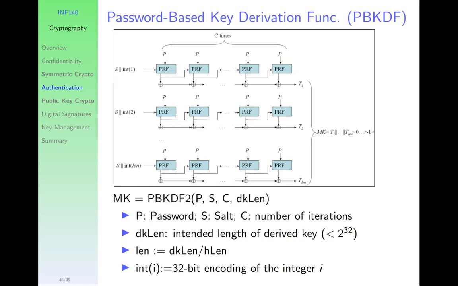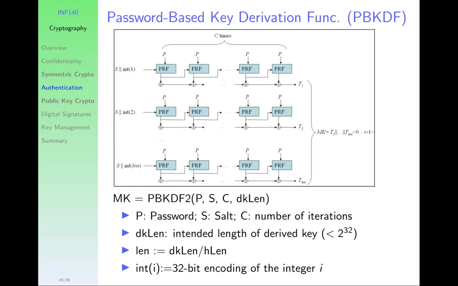Normally if you iterate more times, you may get higher security, but there is a limit: after a certain number of iterations, even if you increase them, it will not increase the security of the function. And the last one is the encryption key length. This is how it looks.